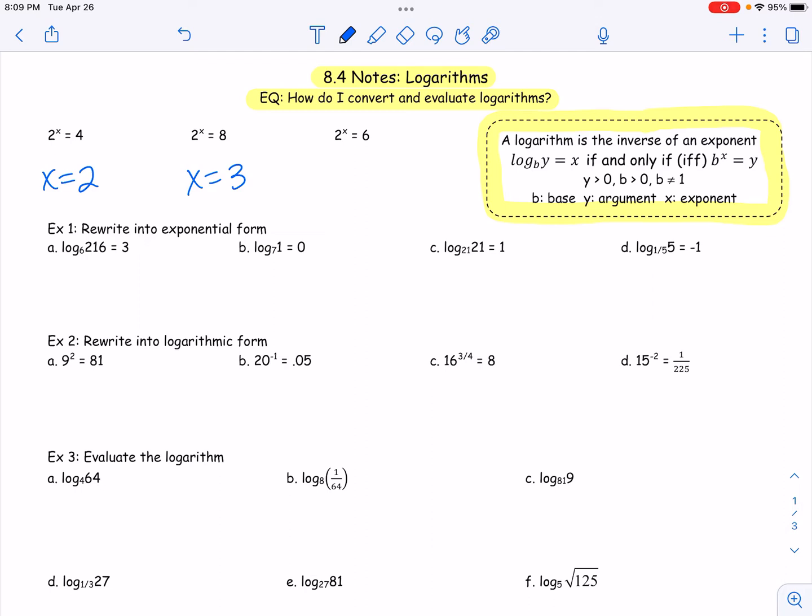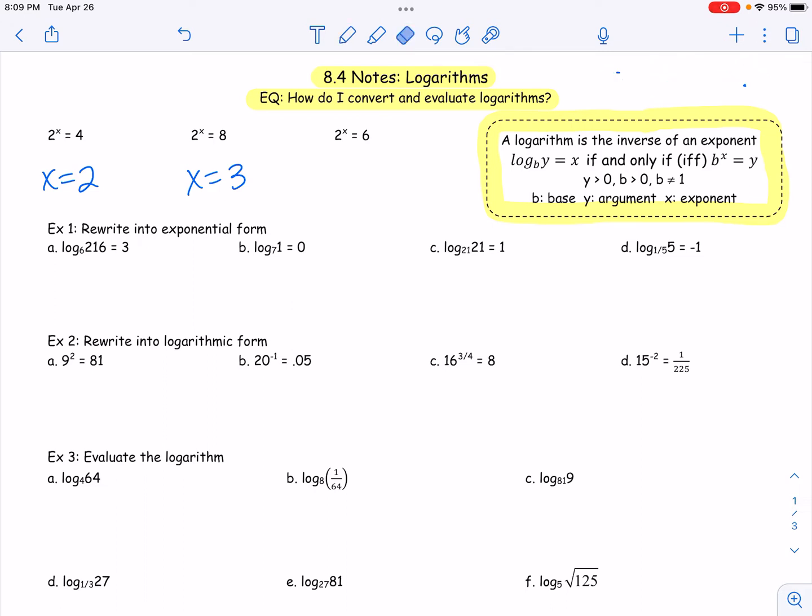The y value in the log equation is called our argument. You may have also heard that term used in geometry before, like when you were on the unit of special right triangles or right triangle trig, when you had something like the sine of 57 is equal to something over something. 57, that angle measurement, was the argument of that sine equation.